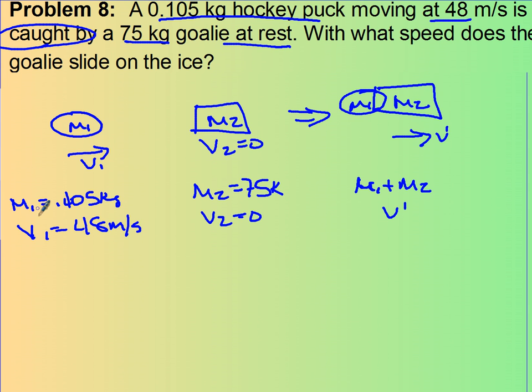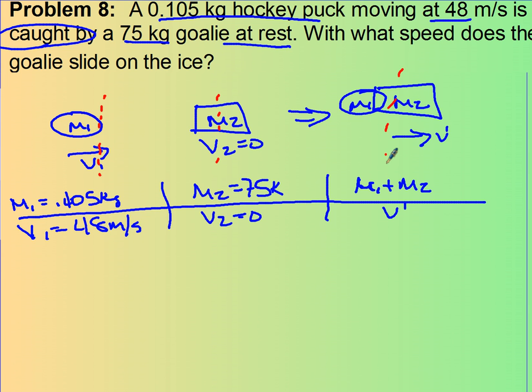This is another way to set it up. You can actually set these up in a chart so that you can actually read the chart. Do whatever is easiest for you. Now we're going to read our momentum. Read it straight down. M1 V1. Having trouble writing tonight.